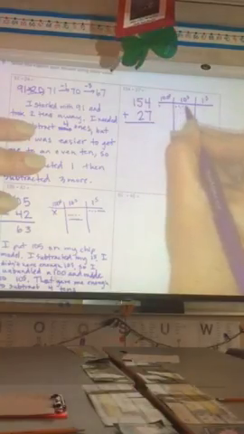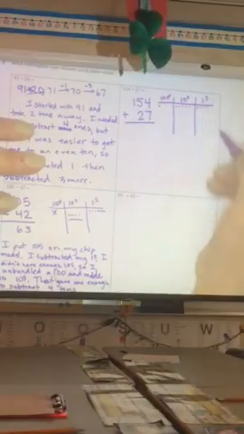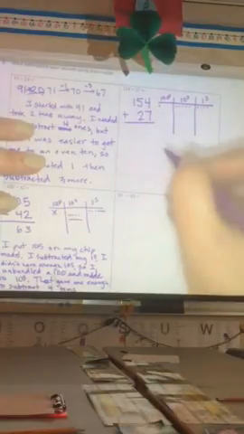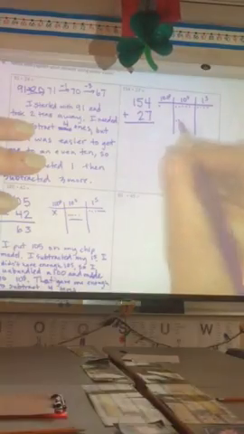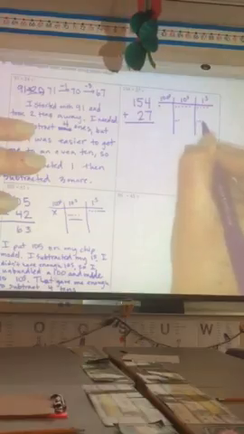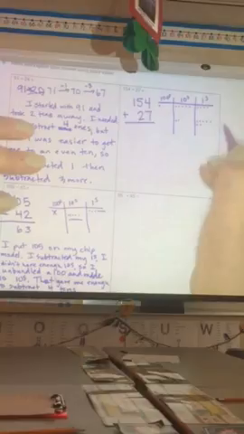And since I'm adding, I'm going to combine both of those add-ins. So I also need to put 27. Now I'm ready to start.